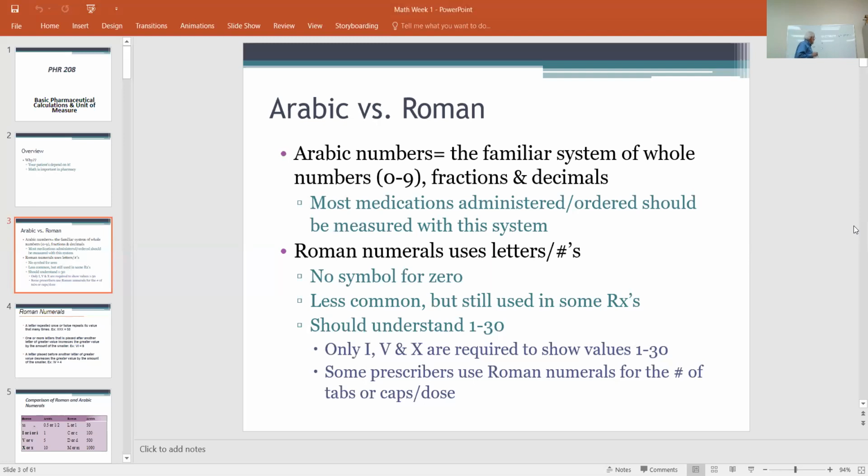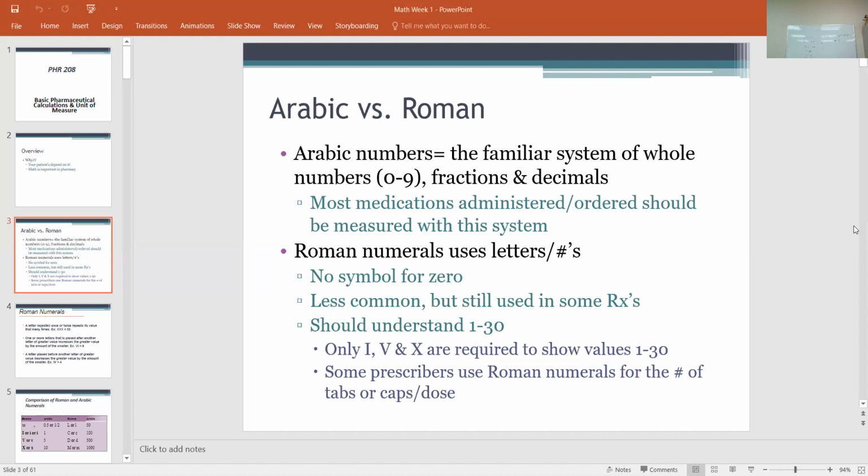The other thing that may happen is you will see, sometimes doctors make it easy to fill a prescription by telling you exactly how many units, tablets or capsules, that says give the patient 10 tablets.